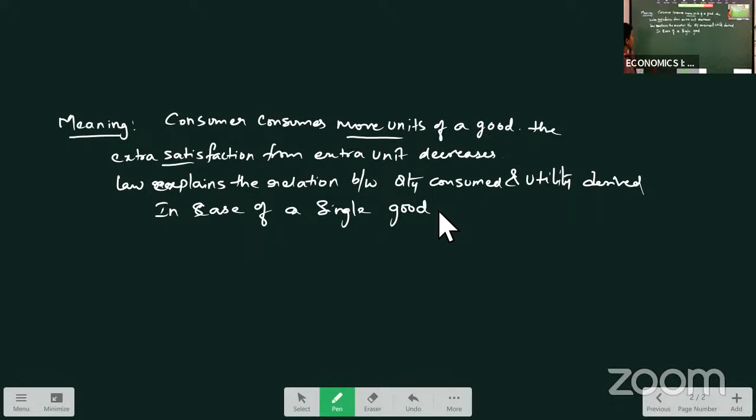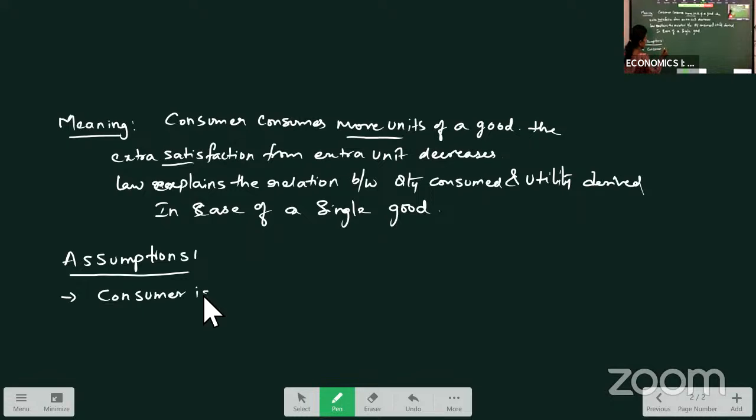Next, we will write the assumptions. When we explain the law, we make certain assumptions. Based on the assumptions only, we can explain the law. The first assumption is that the consumer is rational.